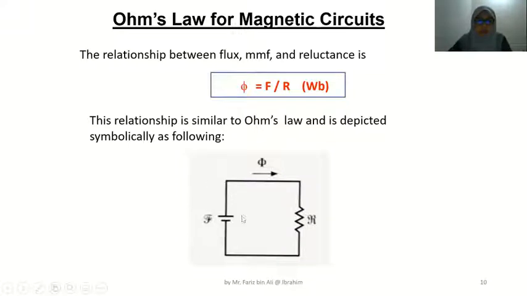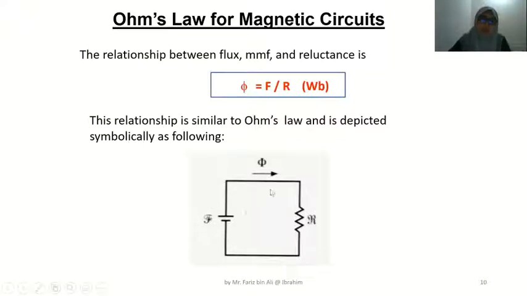You have F here, where in Ohm's law you have V. The flux here corresponds to I in your electric circuits. And in electric circuits you have resistance, but for the magnetic circuit it is represented by the reluctance.